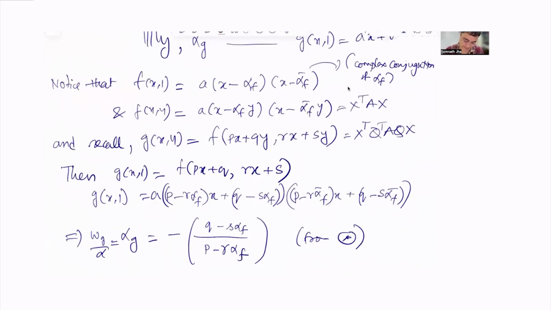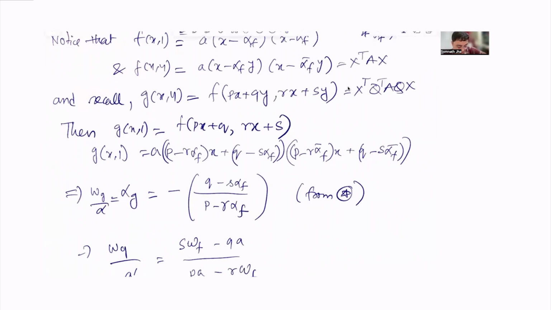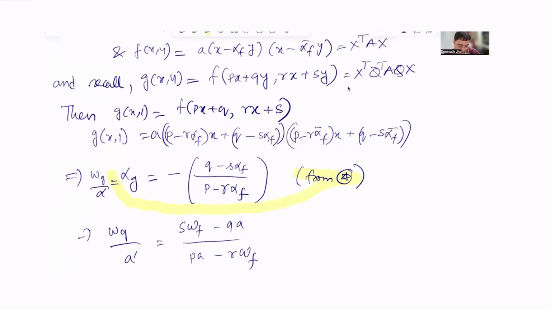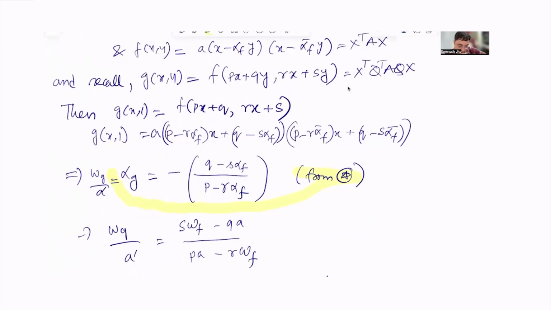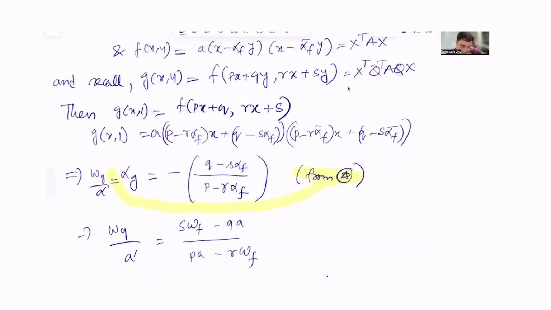So from star, omega g by a prime is alpha g, and alpha g is this one. So this part is from star. And so omega g by a is, now you divide both sides, numerator and denominator, by a, right?